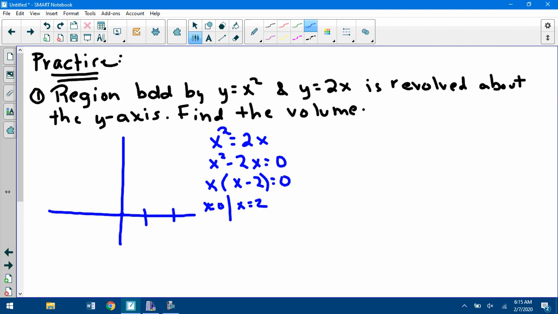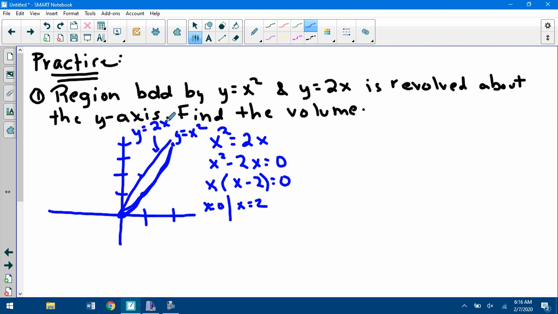So we've got 0, 0, 1, 1, 2, 4, and there's my x squared graph. And then for 2x, we've got 0, 0, 1, 2, 2, 4. Sorry, not my greatest picture that I've ever drawn here.